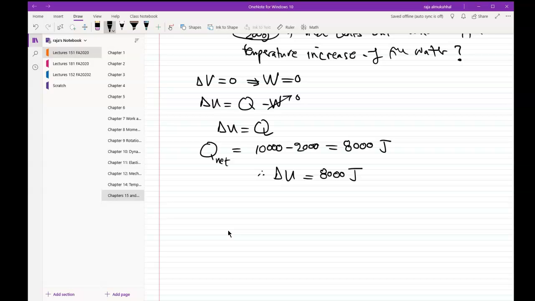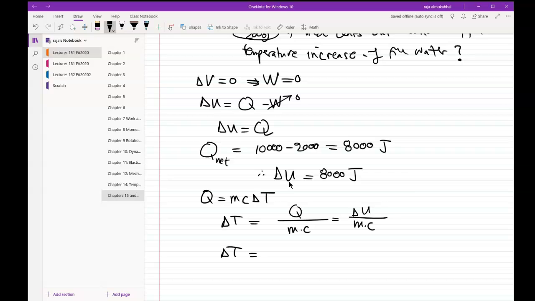Okay, so I have that. Now he's asking the question, what is the corresponding temperature? What is the increase in temperature? How do we do that? Well, go back to chapter 14. We said that Q is equal to mc delta T. And this Q is equal to the Q net, and is also equal to delta U, right? So we can easily find delta T. That'll be Q over m times c, or if you will, delta U over m times c.